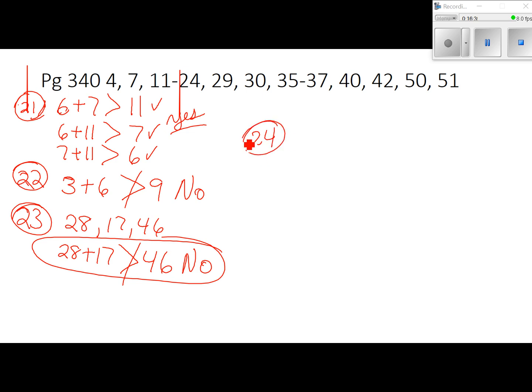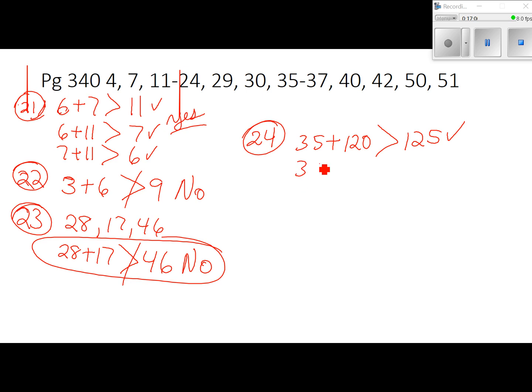24 says 35, 120, and 125. So we just start picking sides. Any two sides should add up to be more than the third side. So I'm just going to do 35 plus 120. That should be greater than 125, and it is.